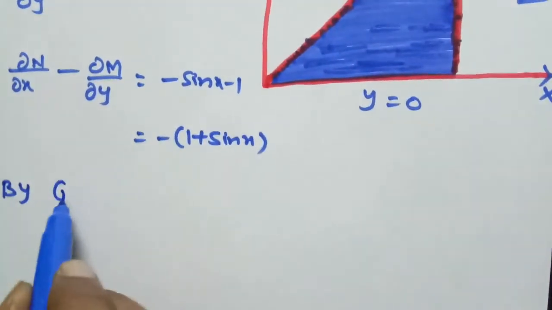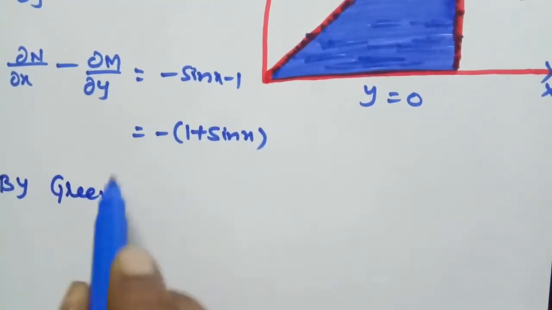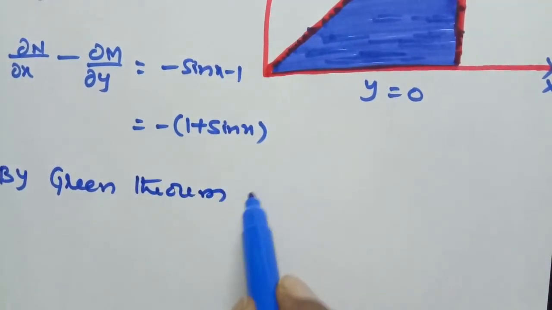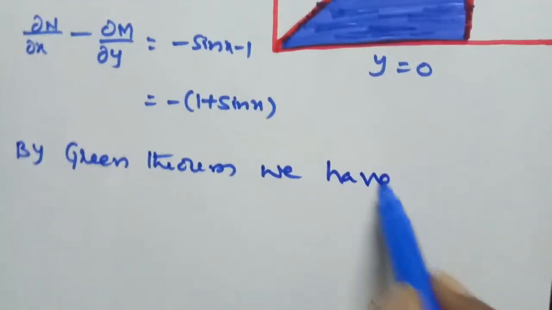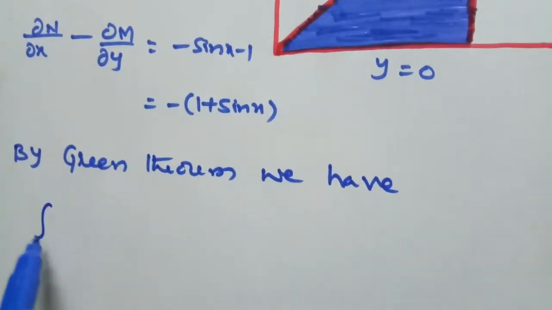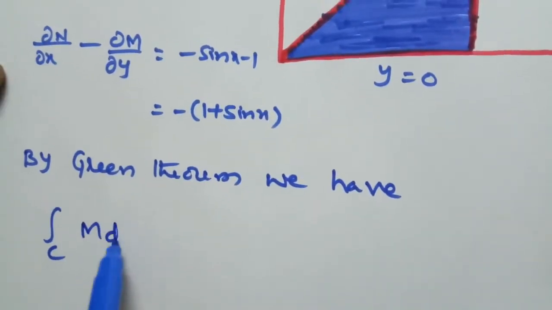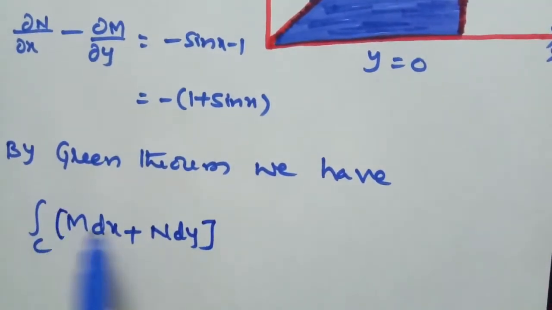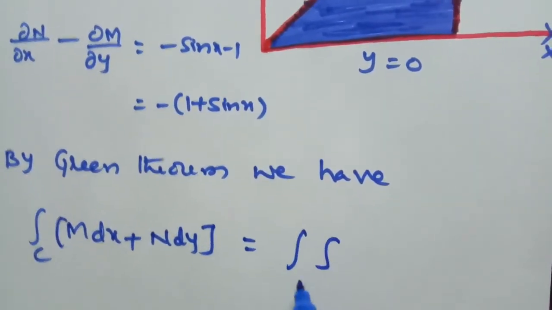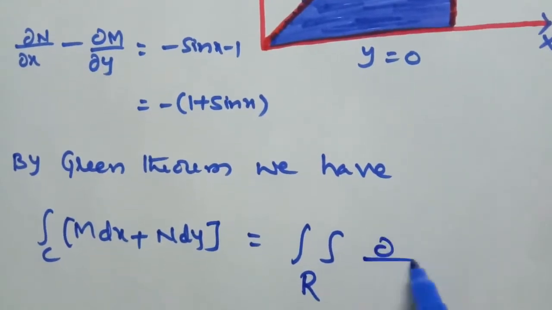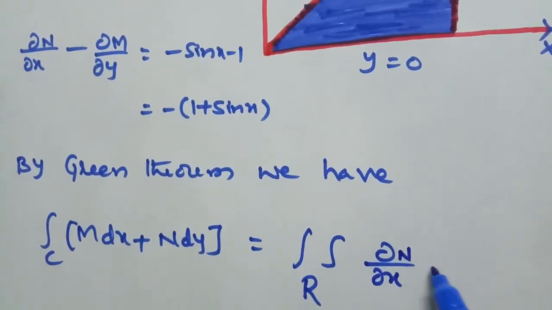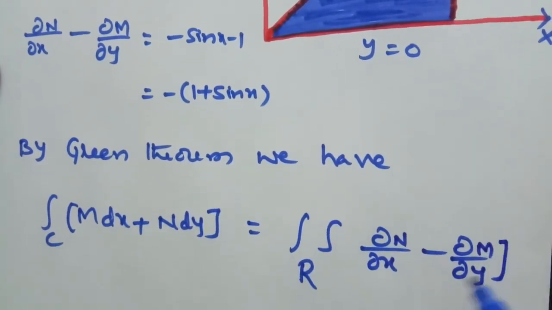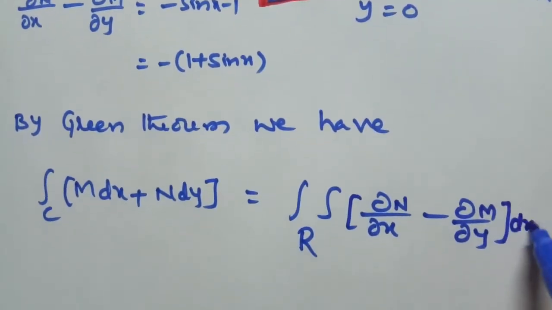Now by Green's theorem, we have integral over C M dx plus N dy equal to double integral over R of (dou N by dou x minus dou M by dou y) with respect to x and y.